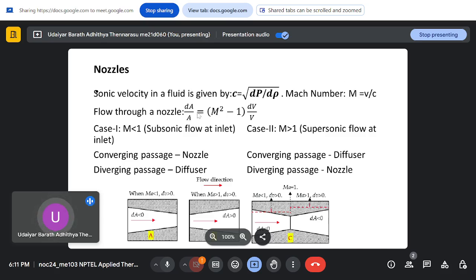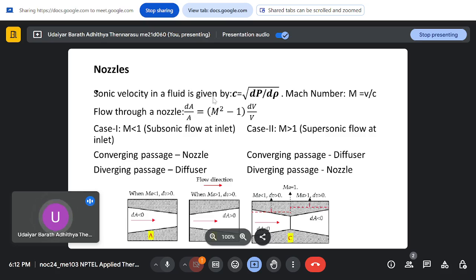So flow through a nozzle can be written as: dA by A equals (M square minus 1) into dV by V. In case of your Mach number less than 1, the term in the bracket becomes negative. So to have an increase in velocity, you need a decrease in area dA.